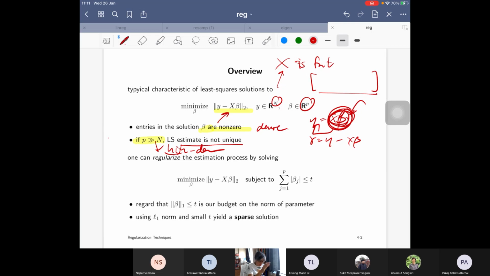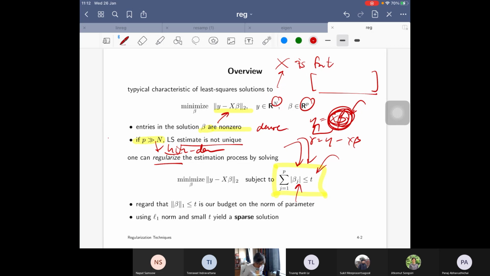In this situation, people have come up with a way to regulate the solution. What we mean by regulate is that we regularize the estimation process by solving another problem. Here I give an example where we restrict the solution beta to satisfy this condition. The condition in the yellow box says that the sum of absolute values of all the entries in beta must be less than a scalar t.